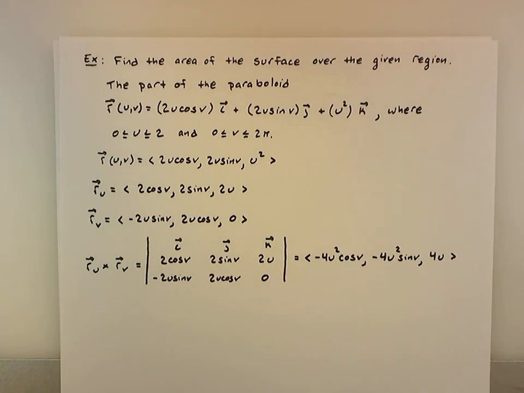Since I will be able to use the Pythagorean identity and factor out a 4u from both of the terms that are generated.